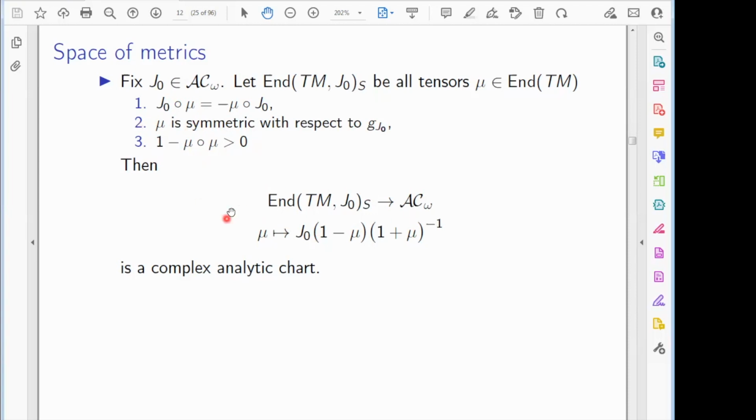And so then this transform is how you get the almost complex structure tensor J from this subspace. So it's kind of just like fancy linear algebra.